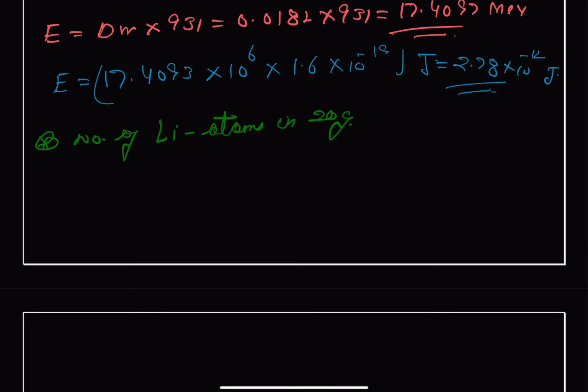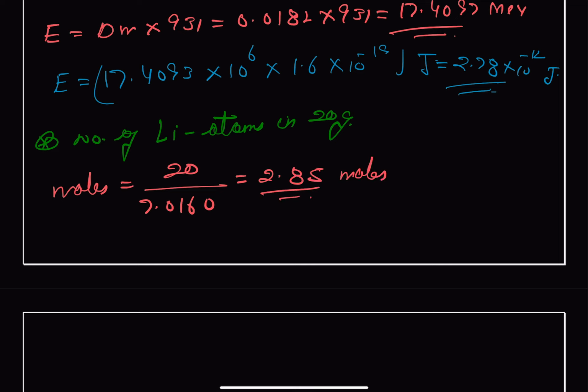So let me write that our moles is our given mass, that is 20, divided by molar mass, which is 7.0160. So the number of moles will be coming as 2.85 moles.